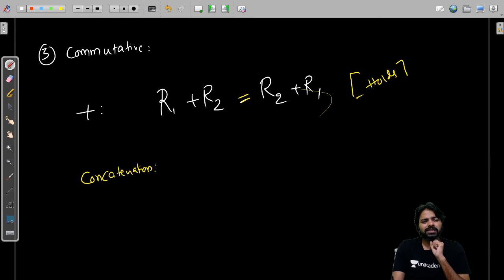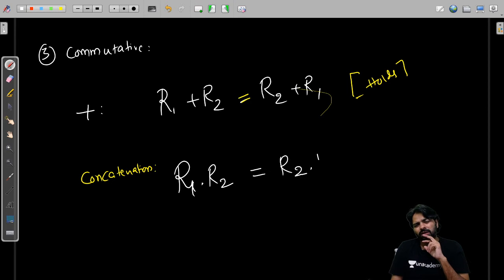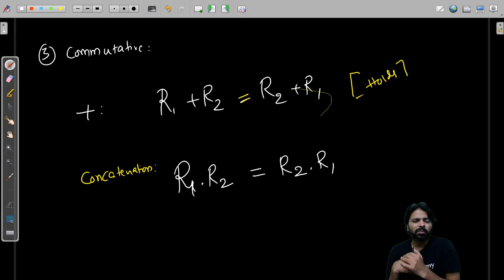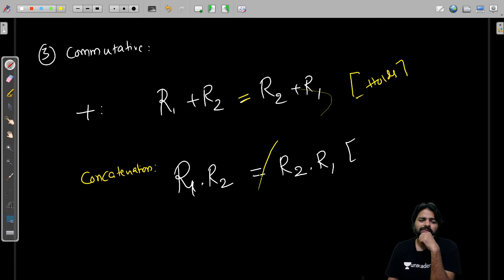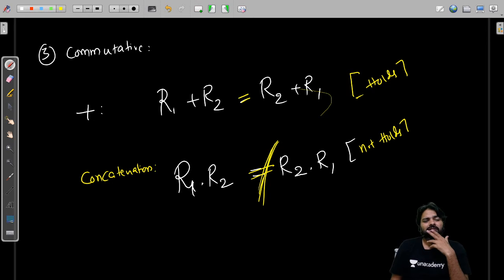That is R1 dot R2. Can I say it is always equal to R2 dot R1? No. When you take R1 equal to small a and R2 equal to small b, a dot b is not equal to b dot a. So it's very easy to say that it doesn't hold. This not equal is not a mathematical not equal in general, remember, it is a 'does not hold' concept. And this is about commutative.